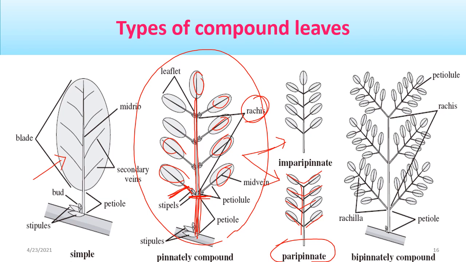If you look here, the number is 2 plus 2 plus 2 plus 2, but it ends with an odd leaflet, and this is an odd number, hence that is called imparipinnate. Then here you can see a bipinnate leaf. They are in multiples of 2. So this is actually the difference between unipinnate and bipinnate compound leaves.